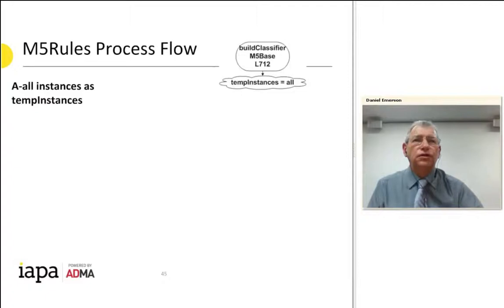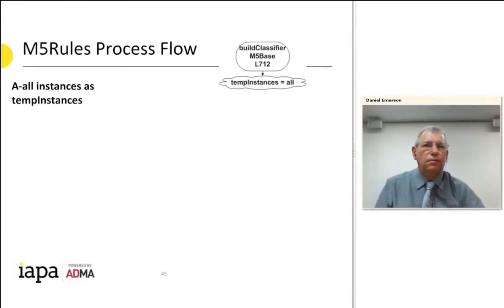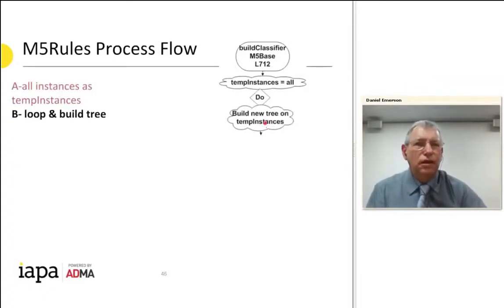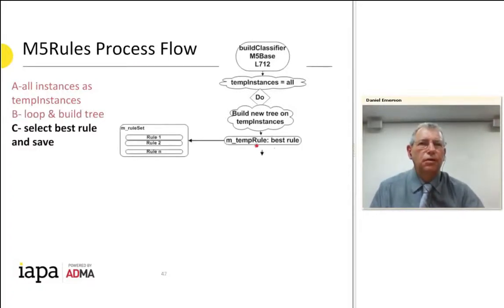We take all instances, we then build a tree on the instances. The best rule is selected and placed over into the rules set. The instances that are covered are actually dumped, so they're taken out of the mix.